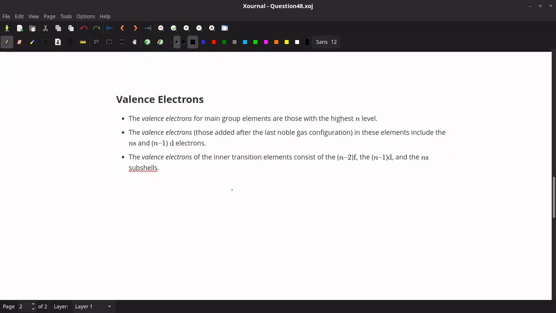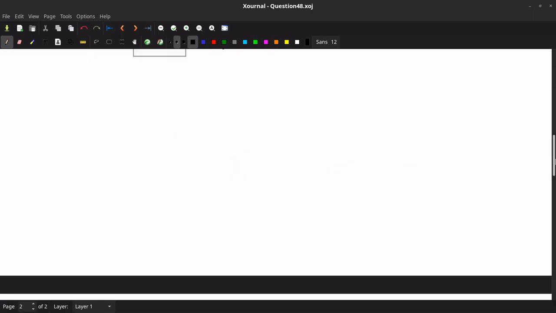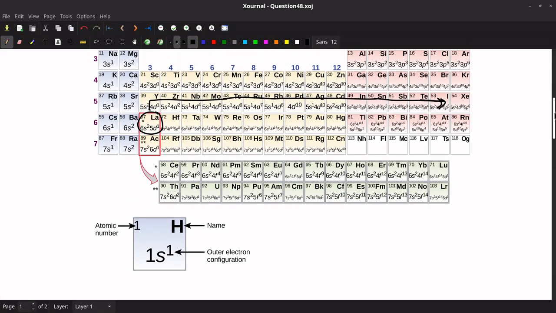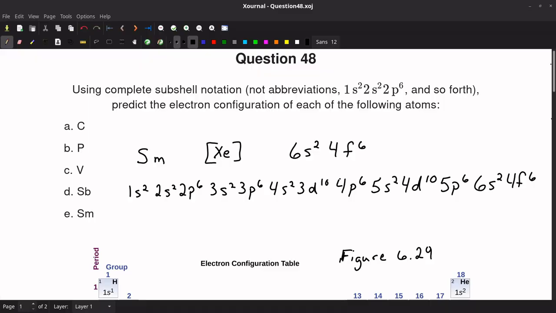If we come down here, we can see that for the inner transition elements, the n-2 f, the n-1 d, and the ns subshells are all valence. If we come up here and reevaluate this, the highest n is 6. So these guys here count.